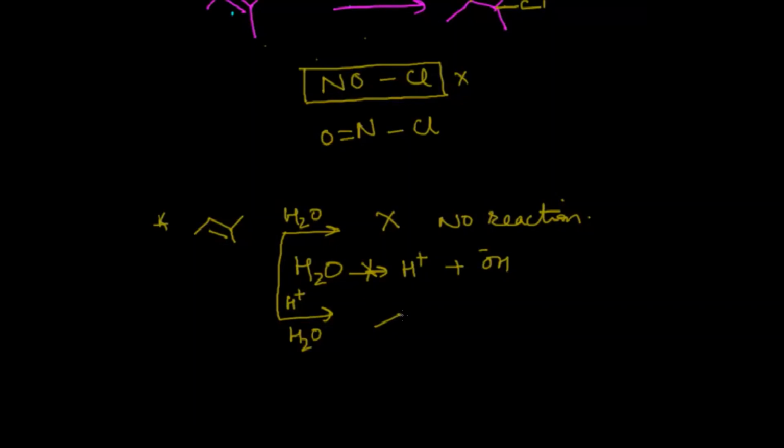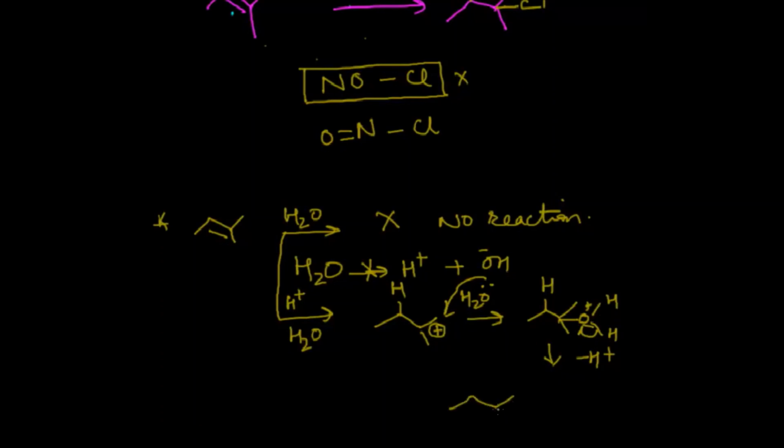The moment you add this, H is here and a carbocation is generated, and then there is H2O, so it is forming H. Since the nucleophile is this oxygen, it donates electrons to this one, and thus we have O, H, H positive, minus H plus from this to form this compound.